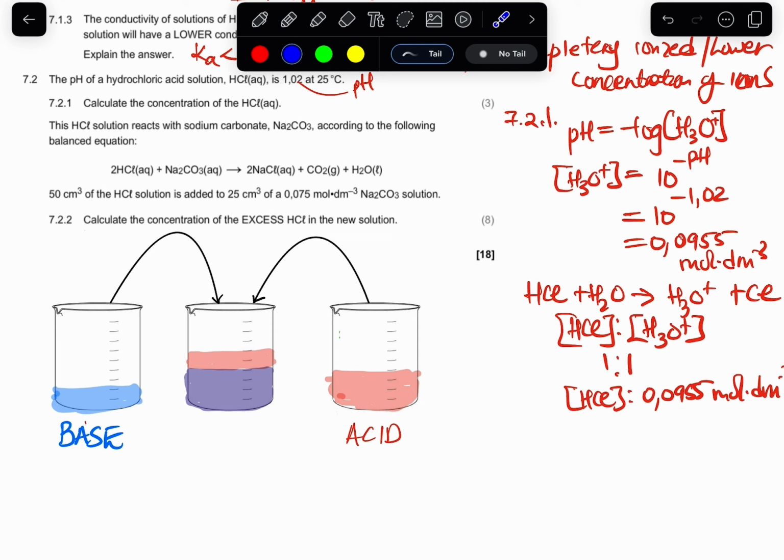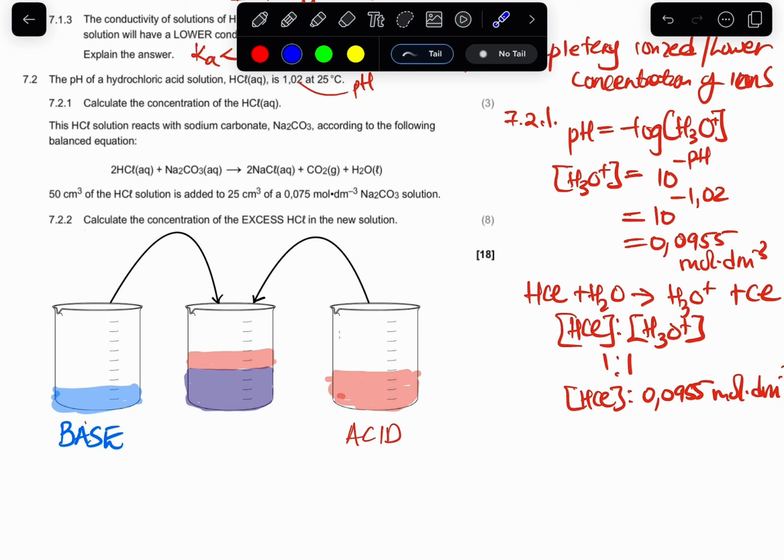It says this HCl reacts with the sodium carbonate according to the following balanced equation. The HCl concentration that we calculated now reacts with the sodium carbonate, which is a metal carbonate. We know from our reactions that a metal carbonate reacting with an acid gives a salt, carbon dioxide and water. Check my other videos of reactions.